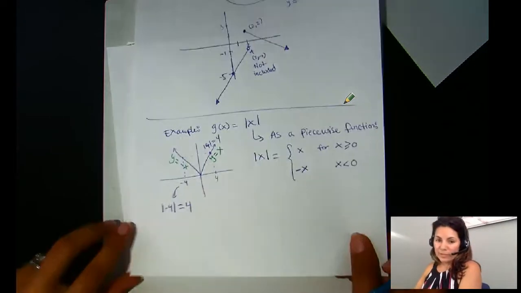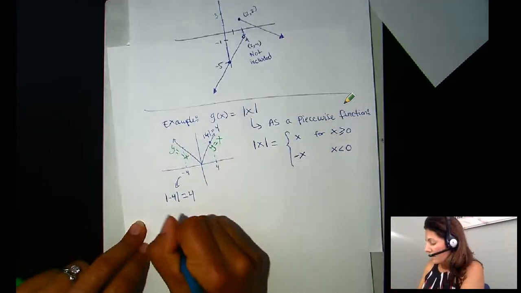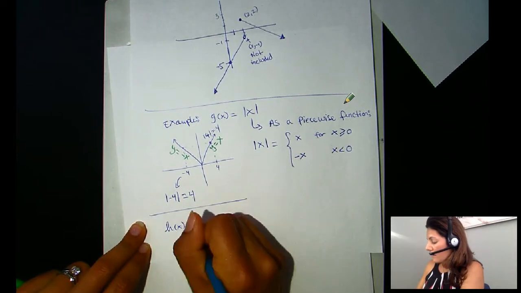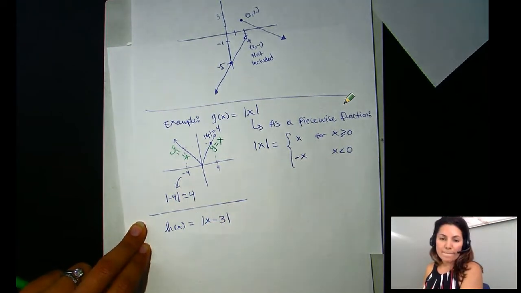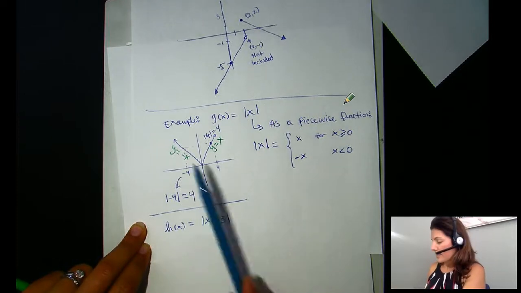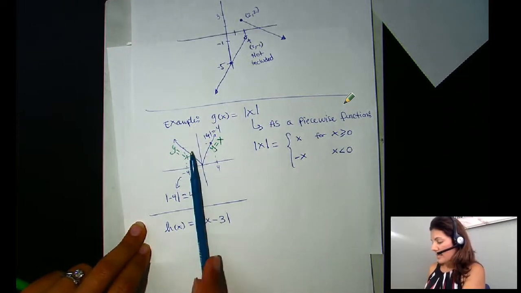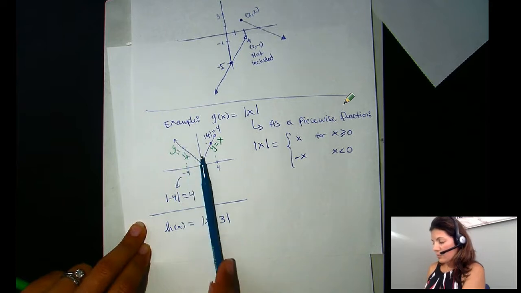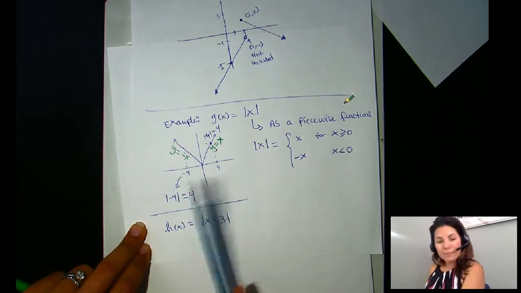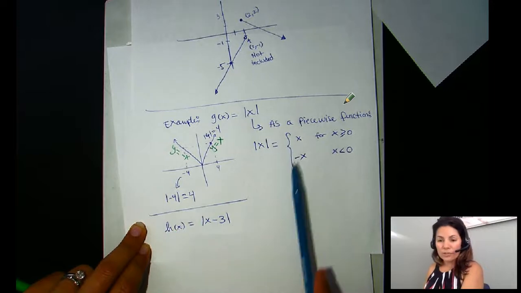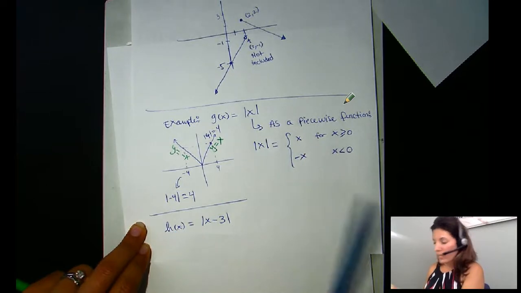So if we apply a transformation, how would the absolute value of x minus 3 look? And if you know from your pre-calculus or algebra class, this means this V is moved over to the right by 3. But what would the piecewise function look like? So that's what I want to know.